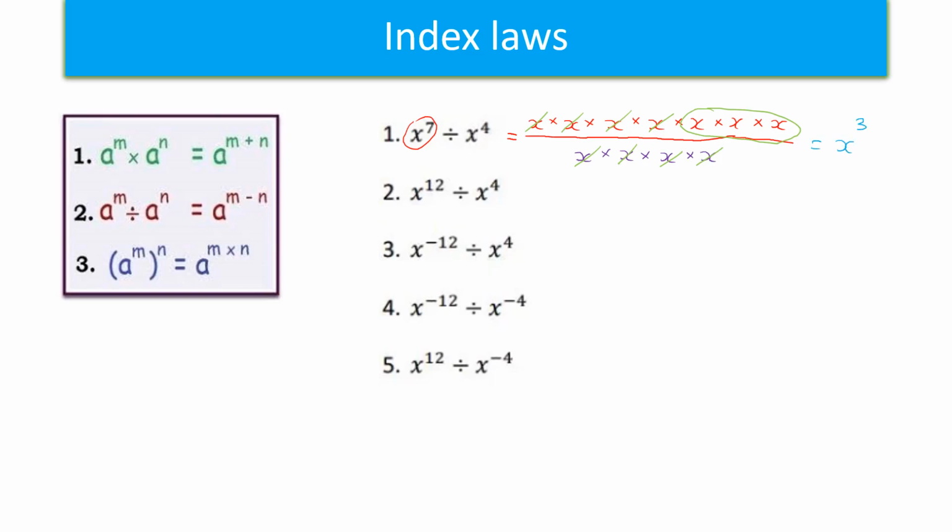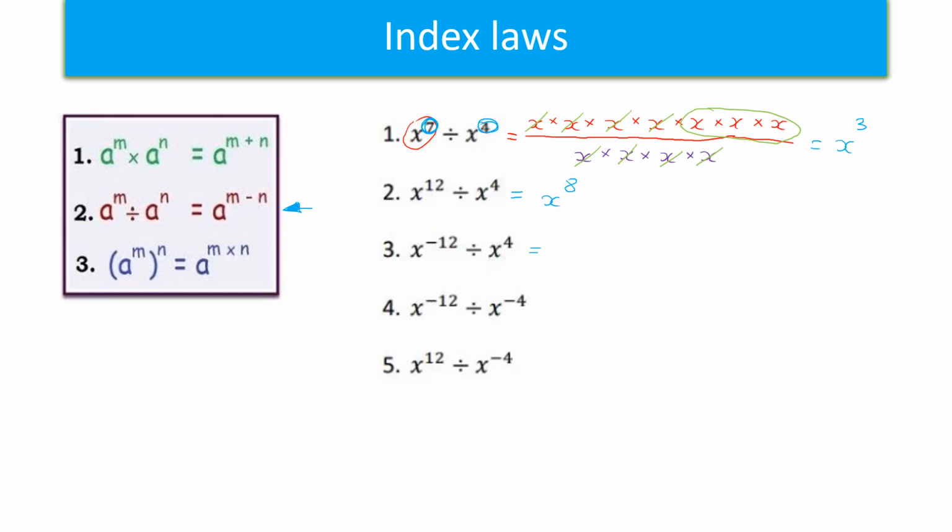So you can see that I've got 7, take away 4, which gives me 3. With the other examples, I'm not going to write it out like that anymore. I can just use this rule, which tells me that I can simply take away the powers when I divide the terms. So x to the power of 12 divided by x to the power of 4 is simply x to the power of 8.